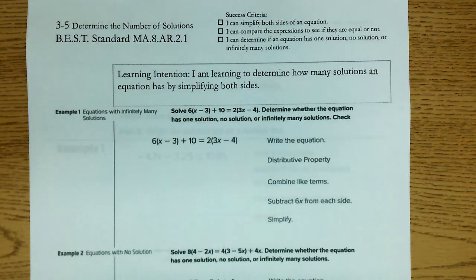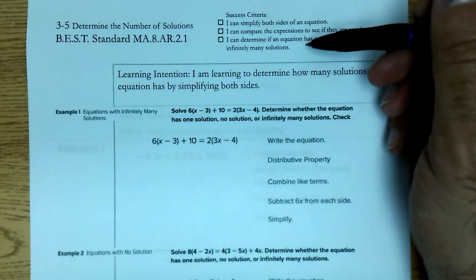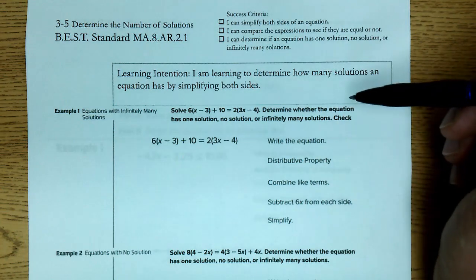I can compare the expressions to see if they're equal or not. So we're literally just seeing, does the left side equal the right side? Is it different? What's going on? And then I can determine if an equation has one solution, no solution, or infinitely many. That is the main goal of today. Can you do this last one? I can determine if an equation has one, no, or infinite many solutions.